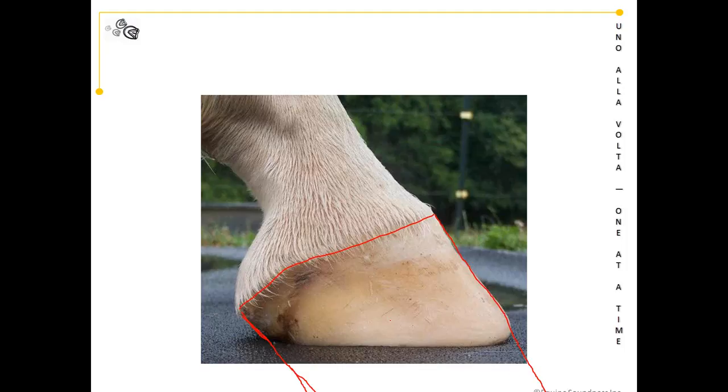In a healthy hoof, you want this line to be diverging from this one. So that heel needs to stand up a little bit more. But again, we will talk about this in the future.